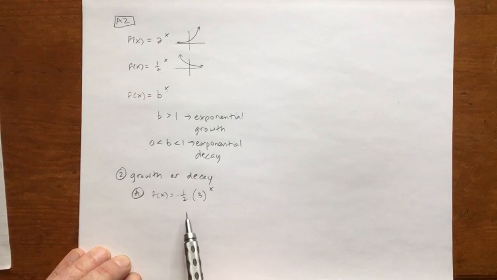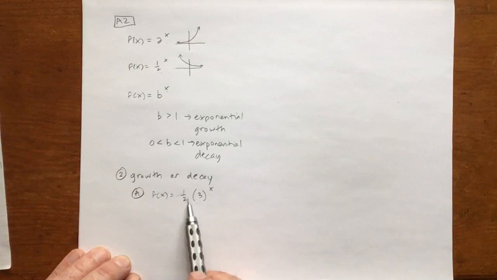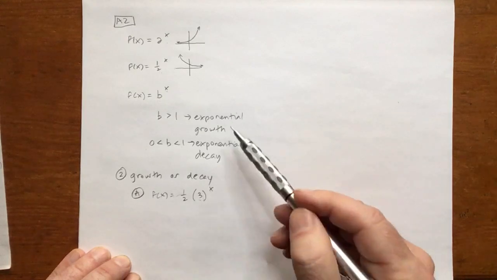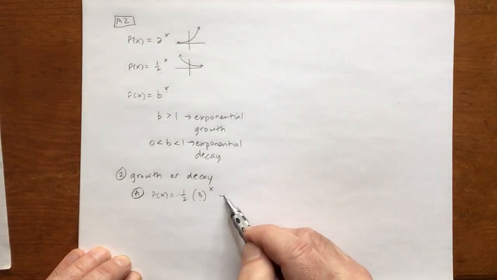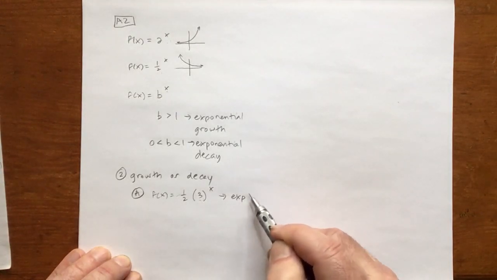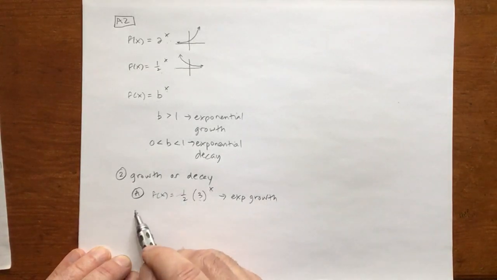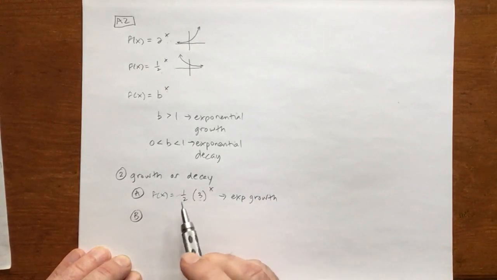We'll learn what that is, but if you think about it, you already know what that is. Since it's outside and it's multiplied, that must be some sort of vertical compression. But what we need to look at is the base of the exponential part, the multiplier right here. And since it's greater than 1, this would be exponential growth. So don't be distracted by the 1/2.